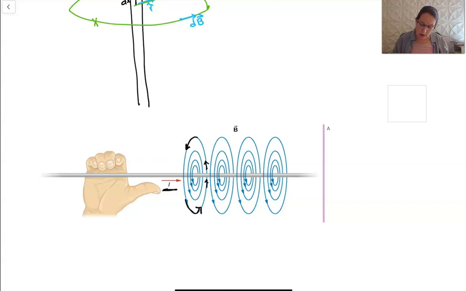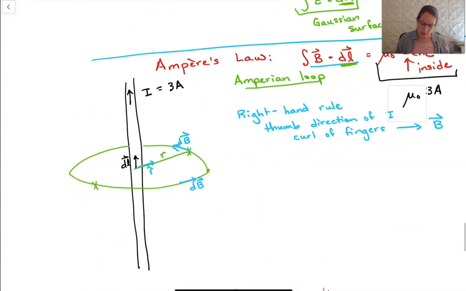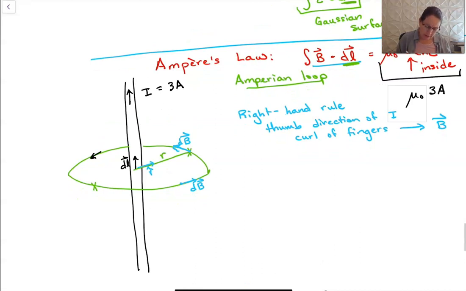And so behind the wire, it goes up like that. In front of the wire, it looks like that. So that's your curling right-hand rule for wires. And that's a really convenient right-hand rule for finding the direction of the magnetic field. I think it's easier than doing your cross product using the Biot-Savart law. So if we use the curling right-hand rule, you can check that the magnetic field points in this direction all the way around.